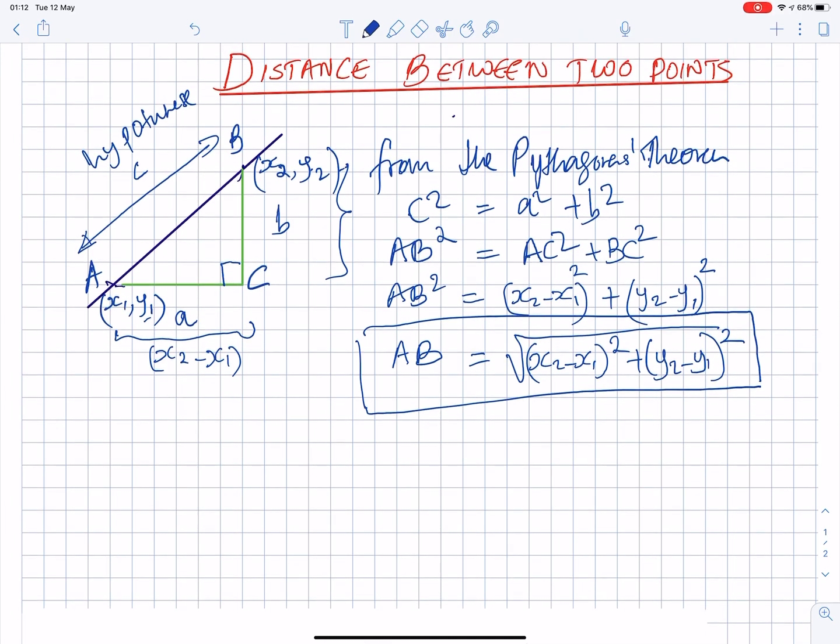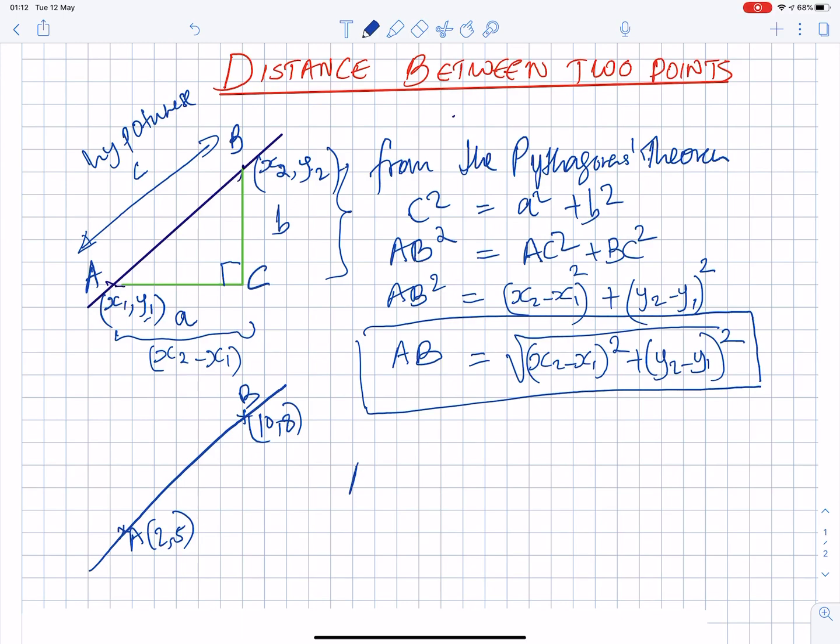Say I have 2 points. One is, let's say, (2, 5), A, and the other is (10, 8). So that's B, and I need to find distance AB.